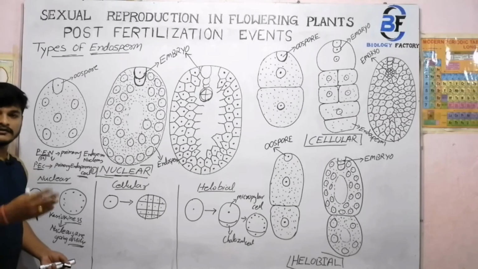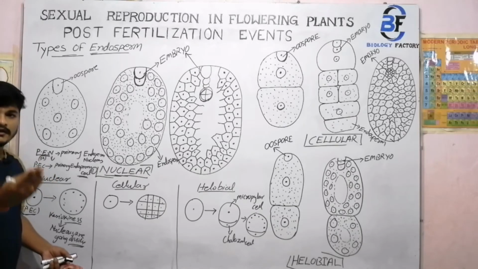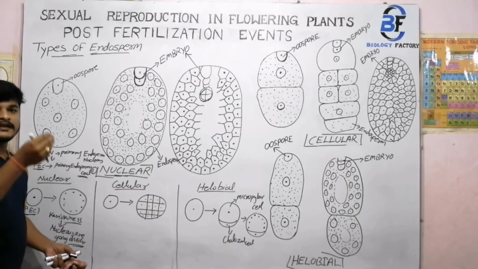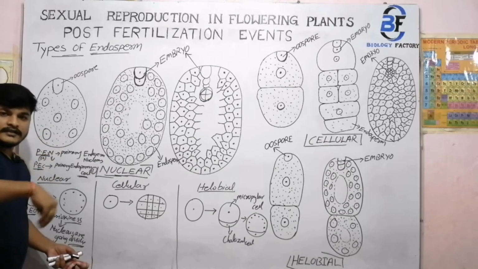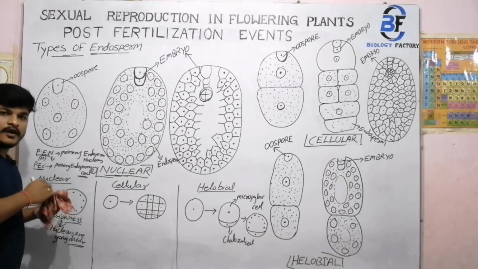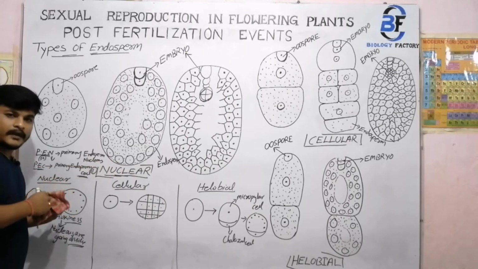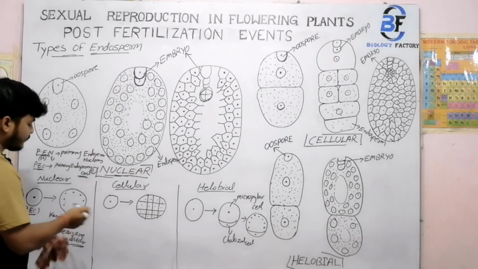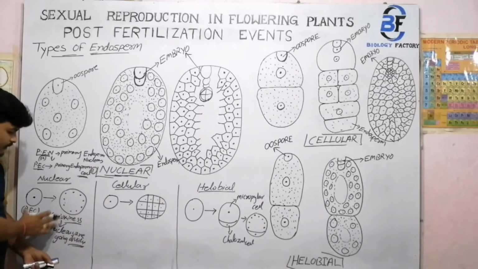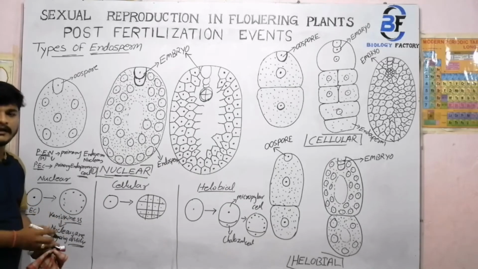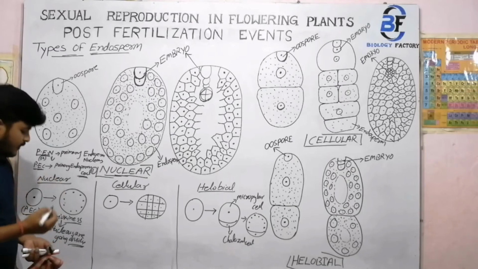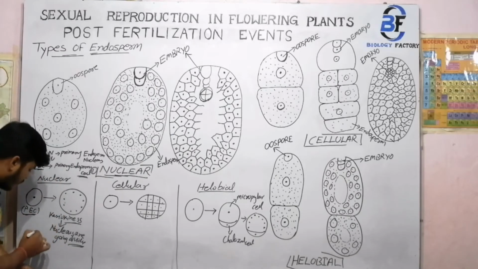After the free nuclei, cytokinesis takes place from the outer to the inner, that means from the periphery towards the center. The most common examples of this are mainly in monocots, like rice, wheat, maize, etc. But commonly you can take the example of coconut.